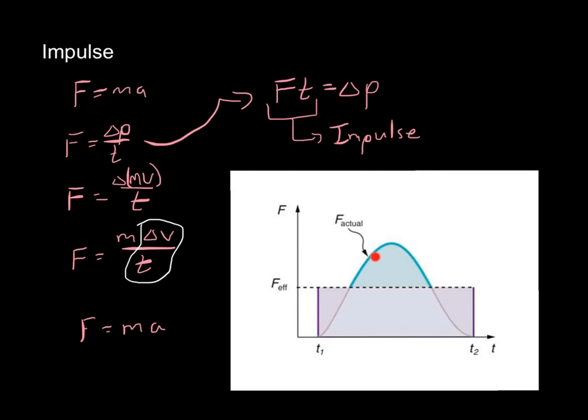These are varying values for force, so we can't just pick a value and throw it into the equation. But what we can realize is that if I took an average, cut this right down the middle, this area under the curve, if I added this area, would be the same as adding these two little pieces here.